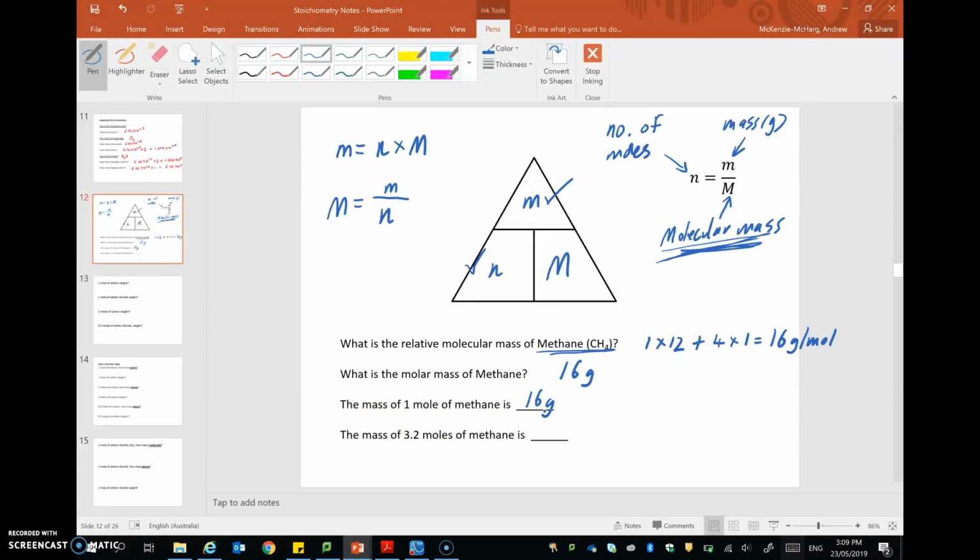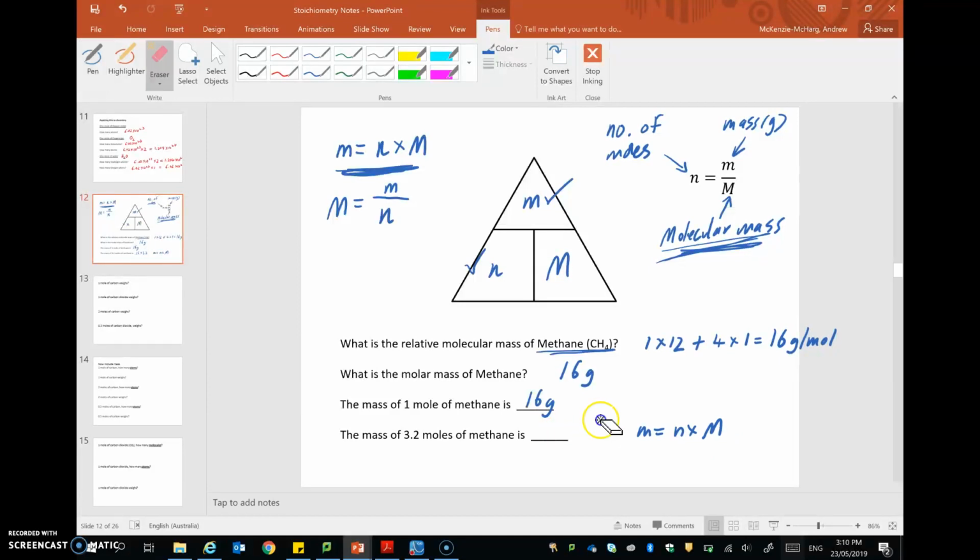Now let's say we have more than 1 mole of methane. Let's say we have 3.2 moles of methane. Well, we take 16 and multiply it by 3.2. You can see here the mass, we're just using this equation here, aren't we? M equals the number of moles times the molecular mass. I've got that the other way around.